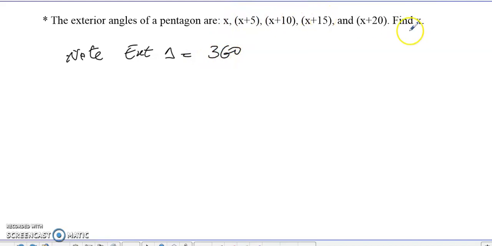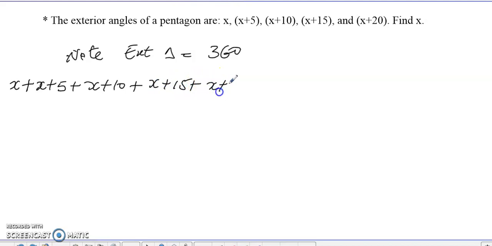So we are going to sum this and equate it to 360. So we have x plus 5 plus x plus 10 plus x plus 15 plus x plus 20, and that is equal to 360.